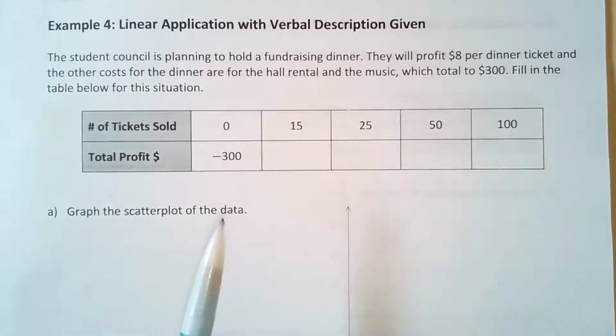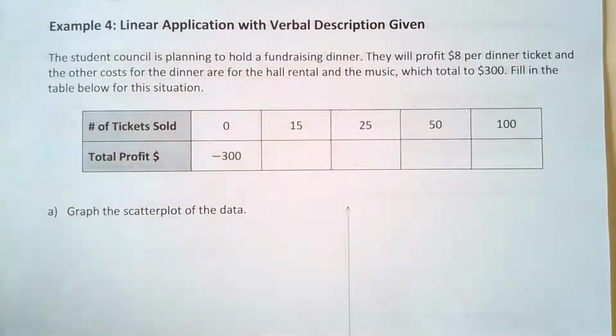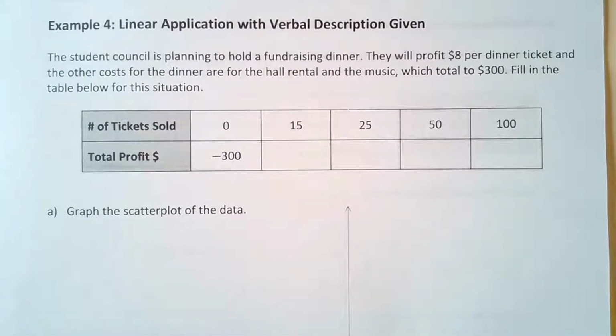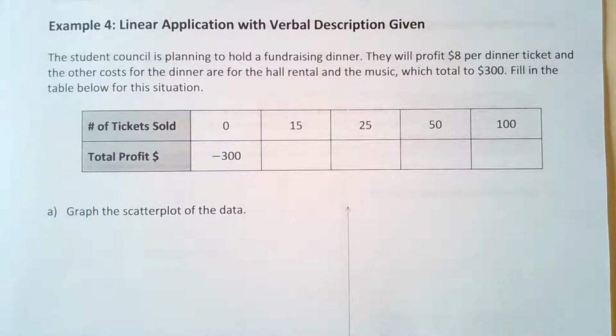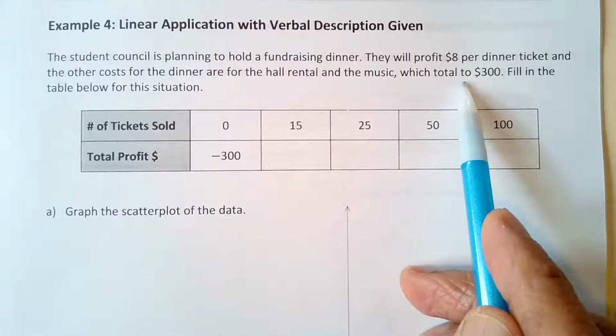So let's look at a quick question here. We need to complete a set of data. Here we have a student council planning to hold a fundraising dinner. They will profit $8 per dinner ticket, and the other costs for the dinner are for the hall rental and the music, which total $300.